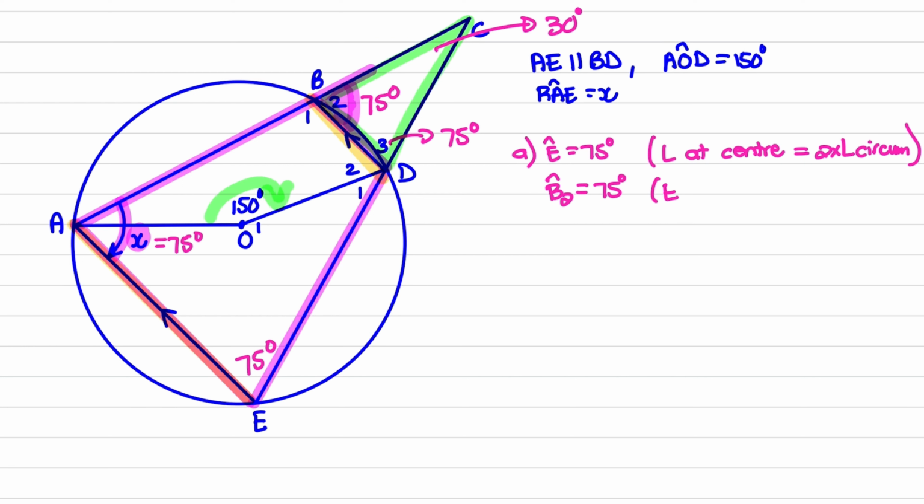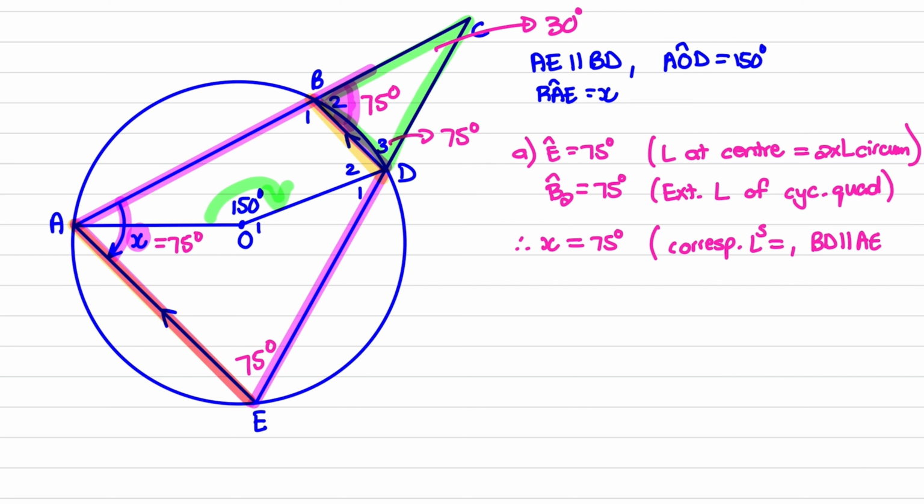And the reason is the exterior angle of a cyclic quad. Therefore, X is 75 degrees because it's equal to B2. And our reason is corresponding angles equal between the parallel lines BD and AE.